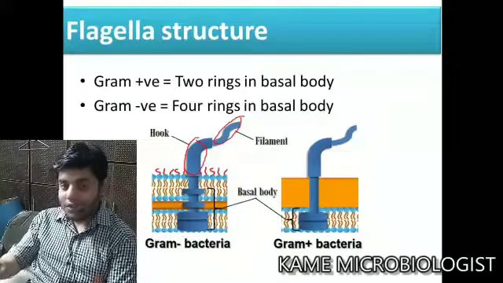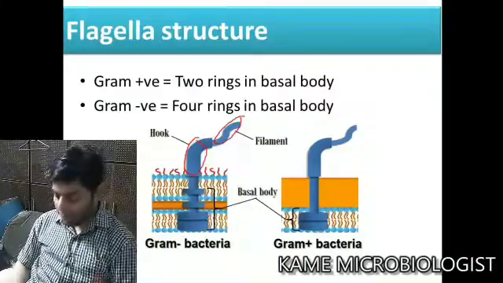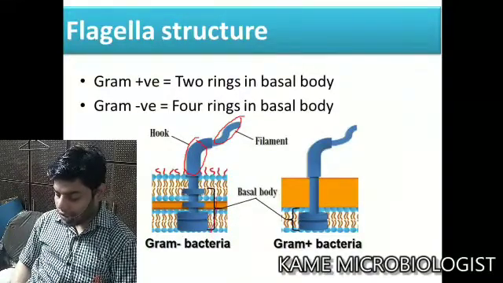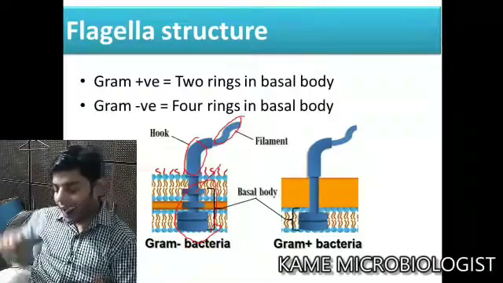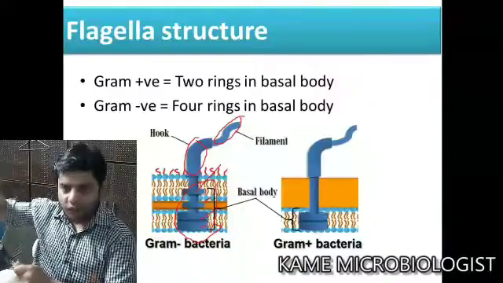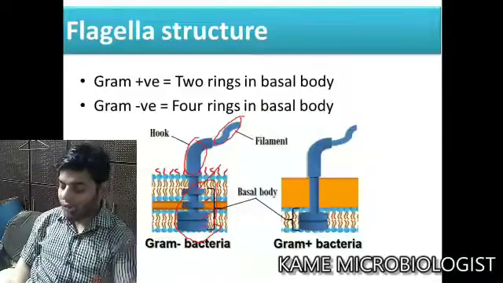This filament is rotating and this hook provides support to the filament. Moreover, we have the basal body, which contains rings, and whenever the rings rotate, the filament also rotates. So this is the whole structure of the flagella.